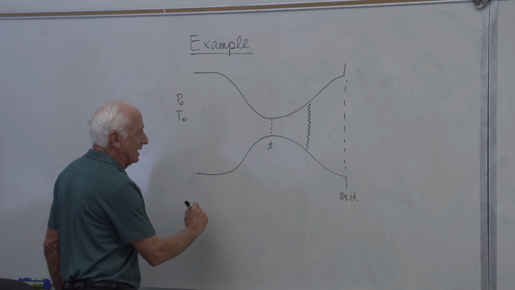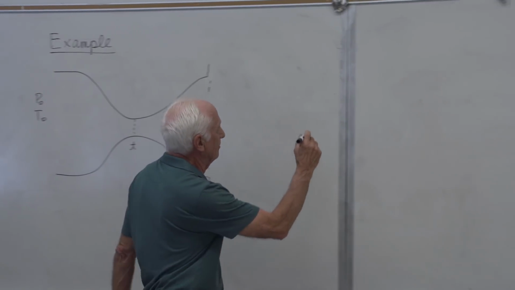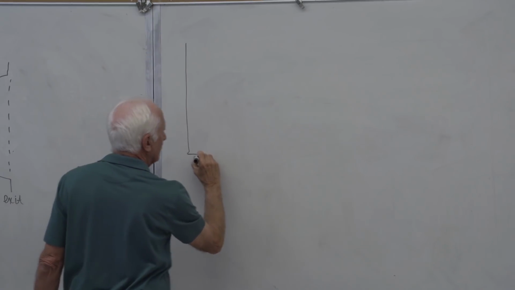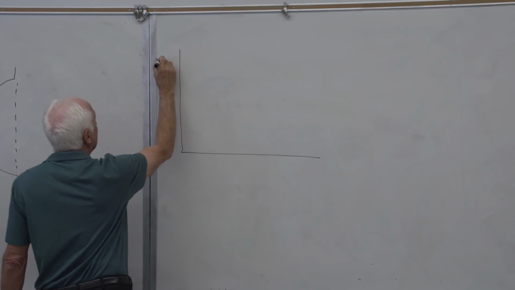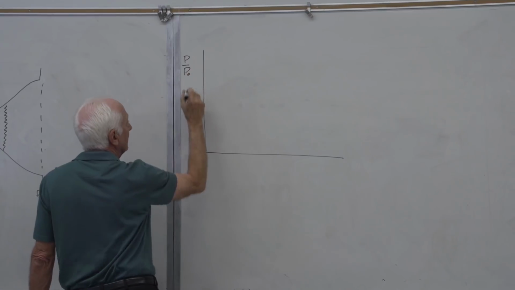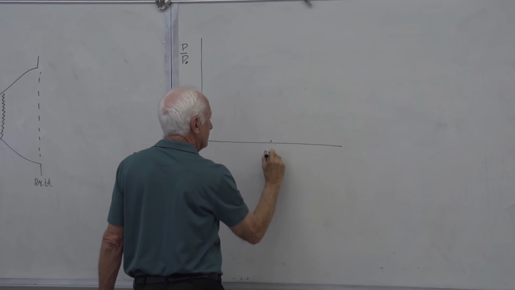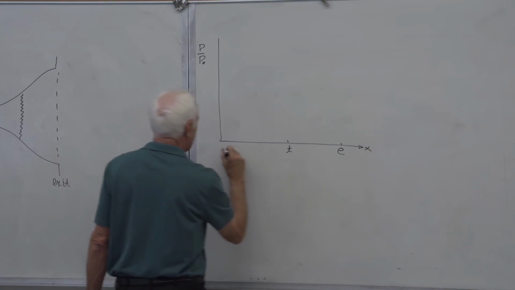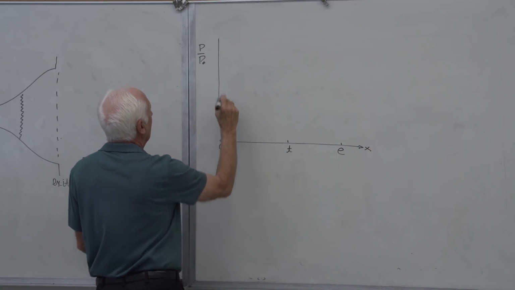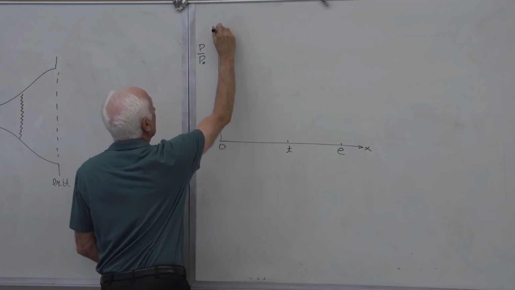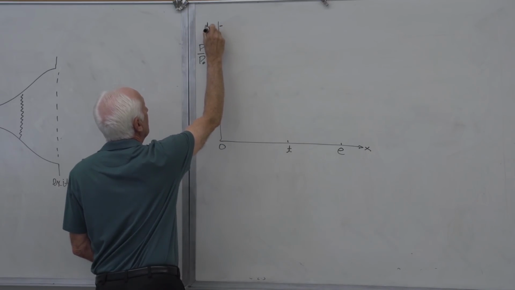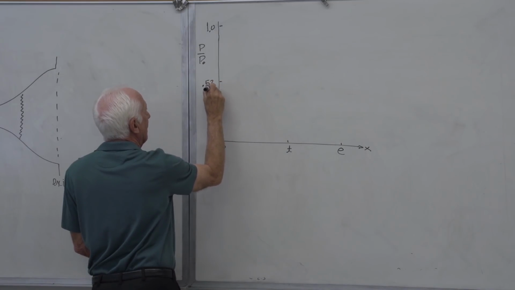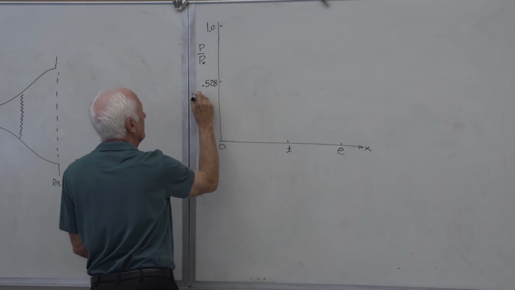That's called the supersonic design converging-diverging nozzle. So we look at the road map, and I'm going to put the road map here. This is P over P naught, and this is the throat. This is the exit. This is 0, and this is P over P naught of 1. This is 0.528 if k is 1.4.